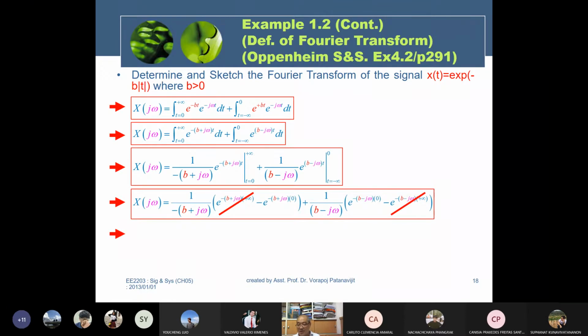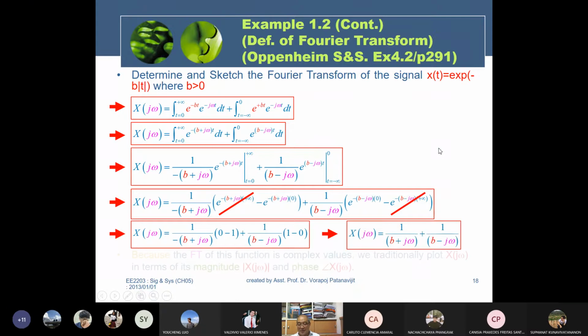At infinity, anything to the power of minus infinity is 0. This one, power 0 gives you 1, and this power 0 gives you 1 too. You multiply them, and it gives you this result.